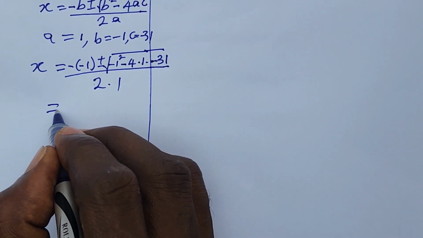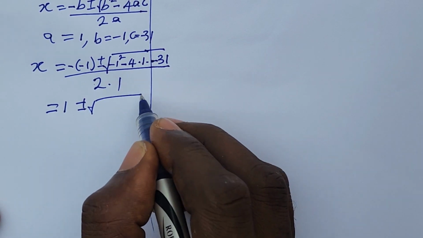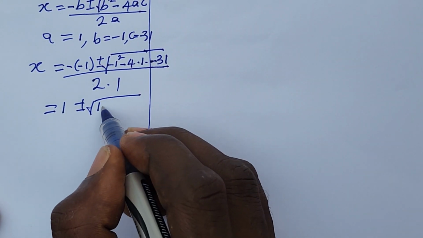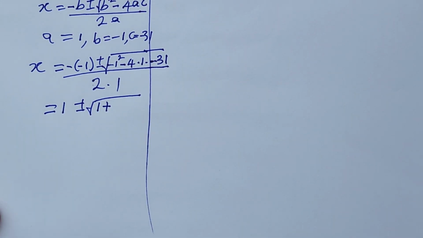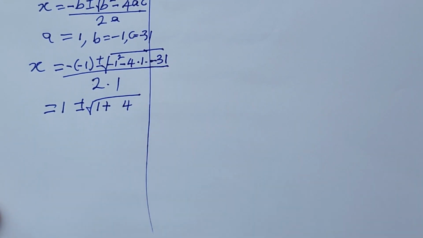So if we simplify down, we have 1 plus or minus the square root of 1, then minus times minus will give us plus. Then 4 times 1 will give us 4, then 4 times 31 will give us 124.